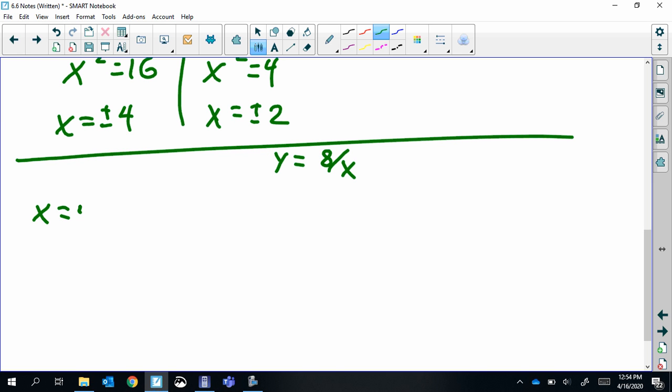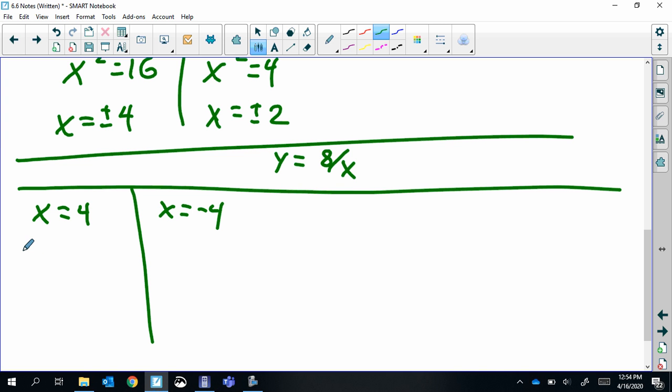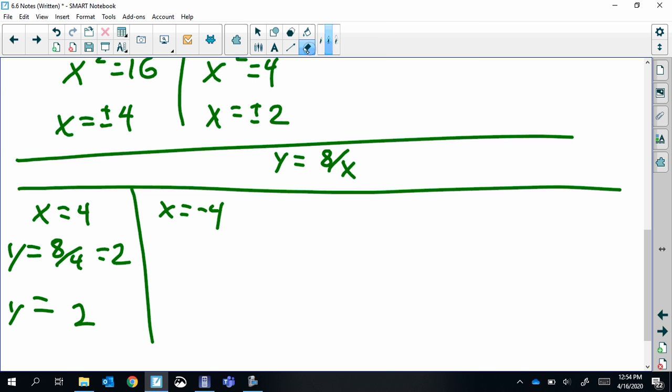So when x equals 4, that means we have y equals 8 divided by 4, which is 2. So that's y equals 2, and our ordered pair would be 4, 2.